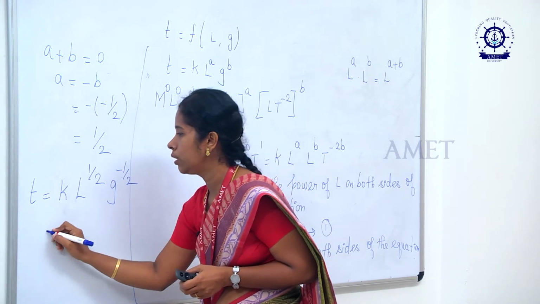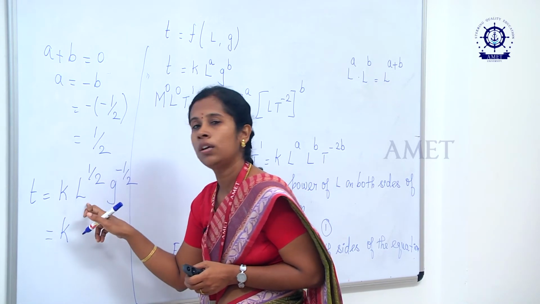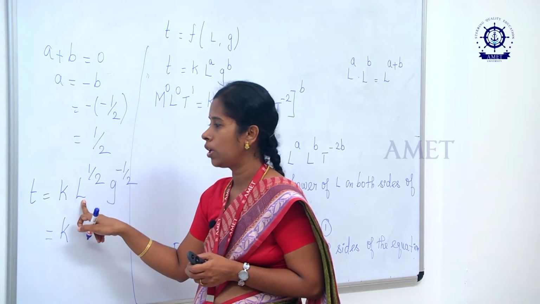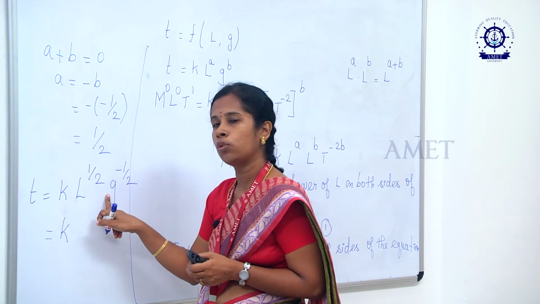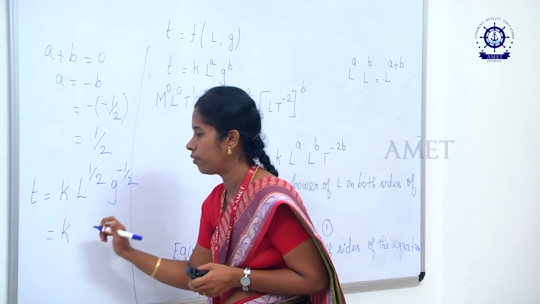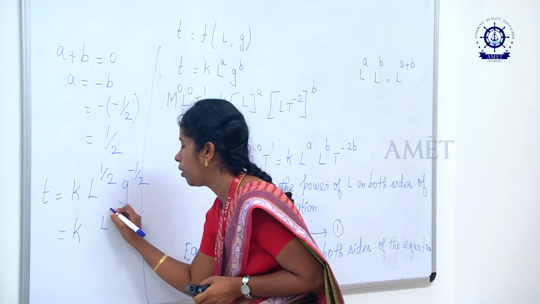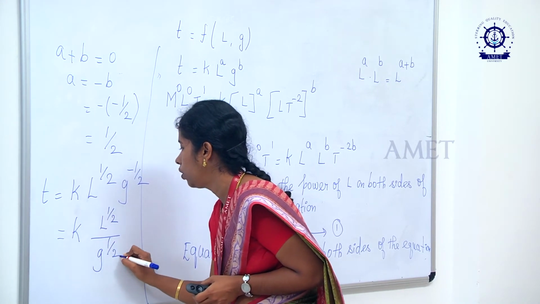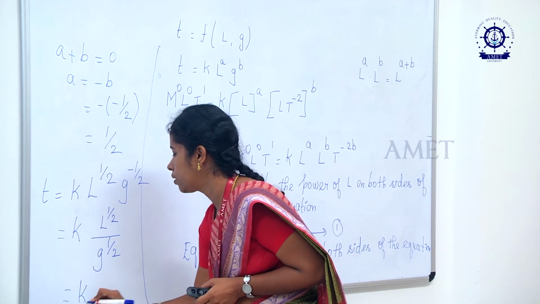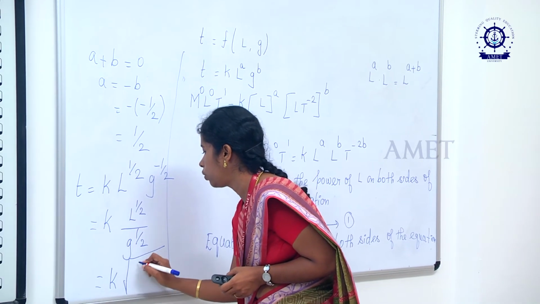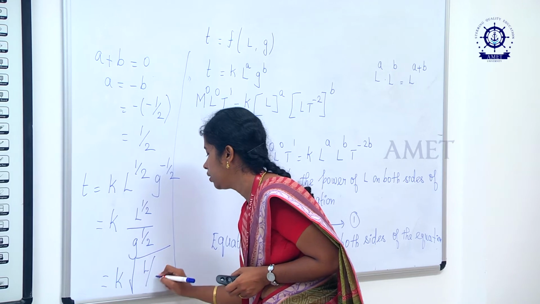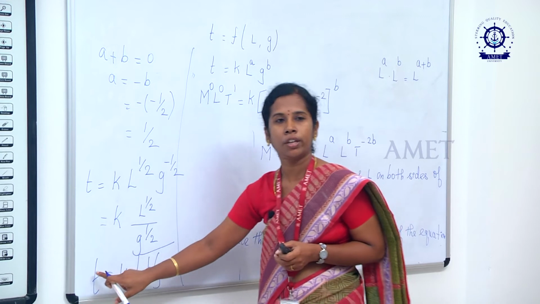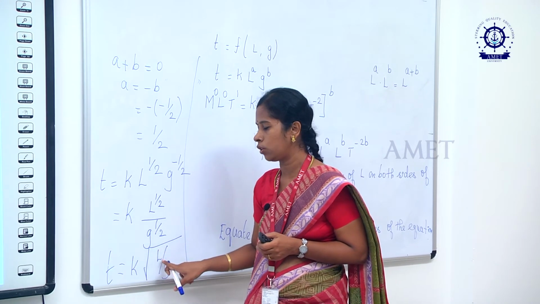So, time period is dependent on square root of the length of the pendulum and 1 by square root of the acceleration due to gravity. I can write L power half by g power half, or I can say it is k into square root of L by g. Initially we do not know in what way the time period is dependent on length.